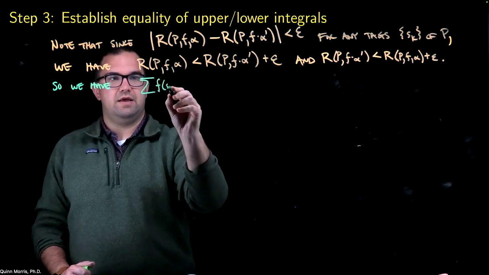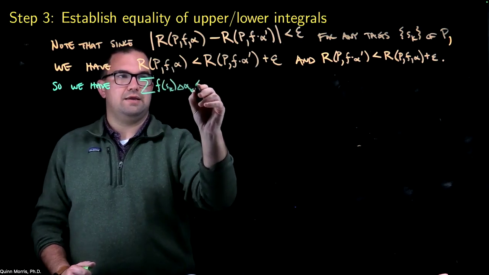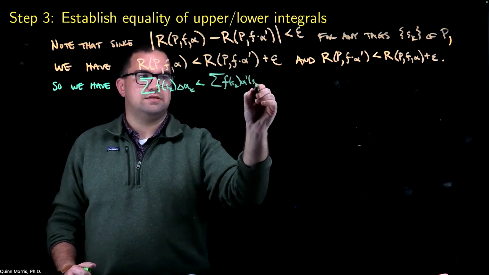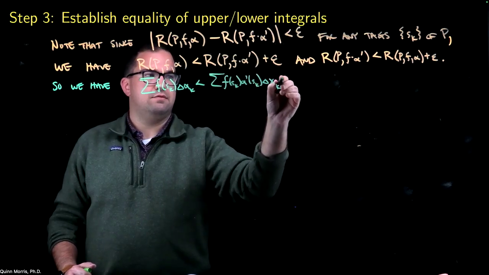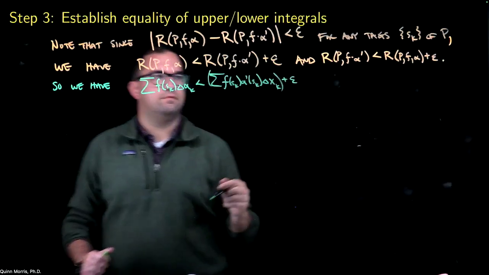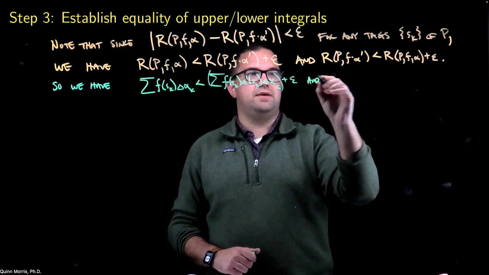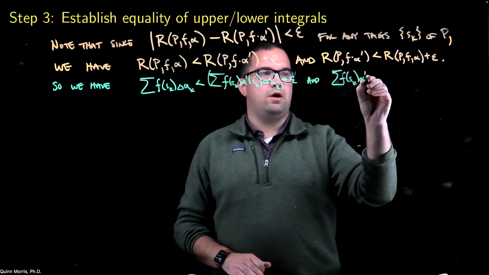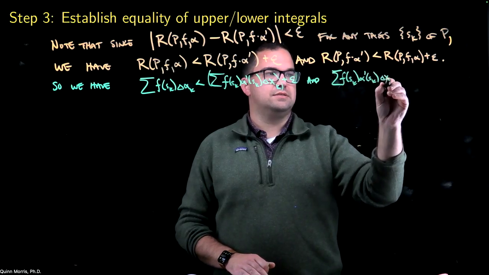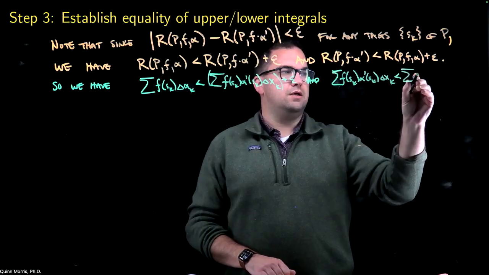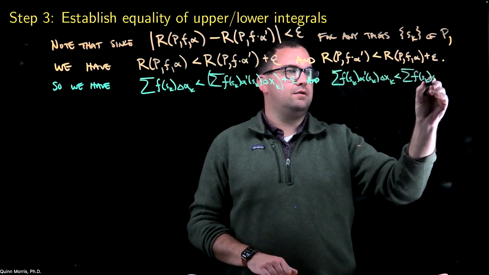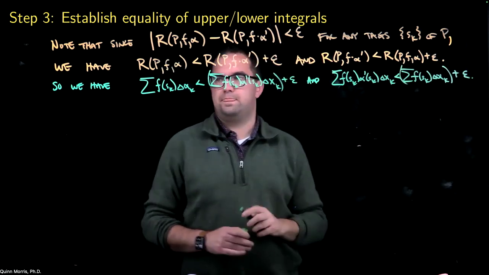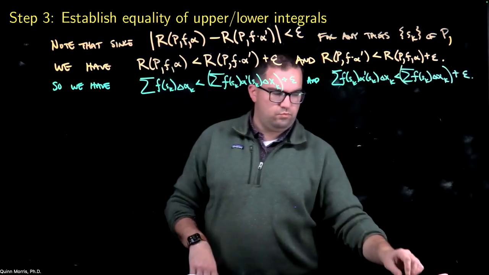So this is just the sum of f of sk delta alpha k is less than the sum of f of sk alpha prime of sk delta xk plus epsilon. And this piece is just the sum of f of sk alpha prime of sk delta xk is less than the sum of f of sk delta alpha k plus epsilon. All right, now what does this give us?